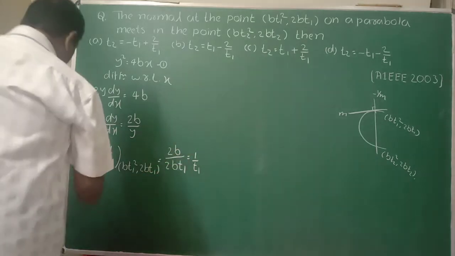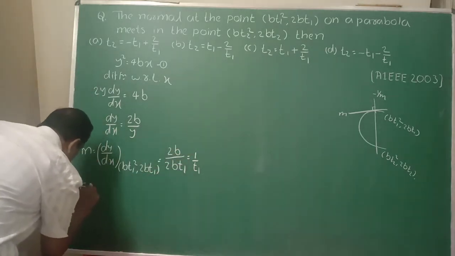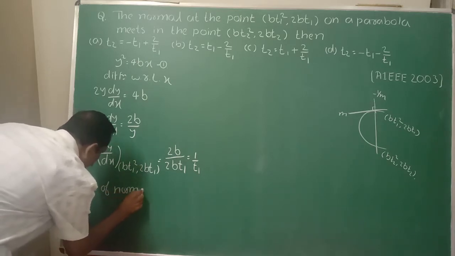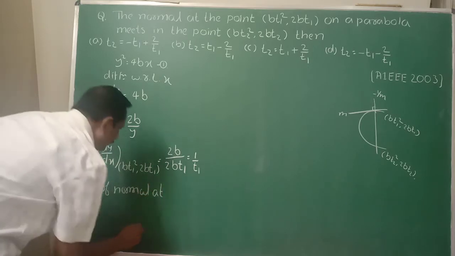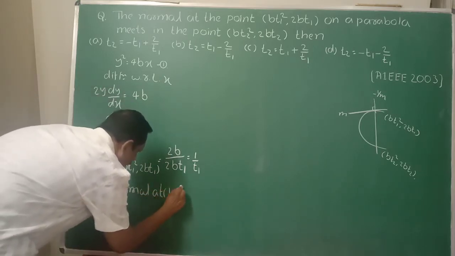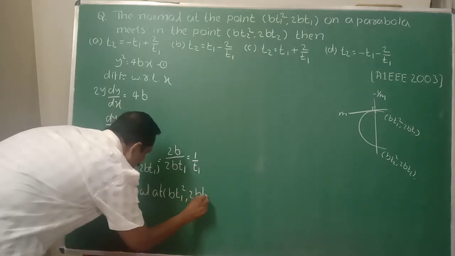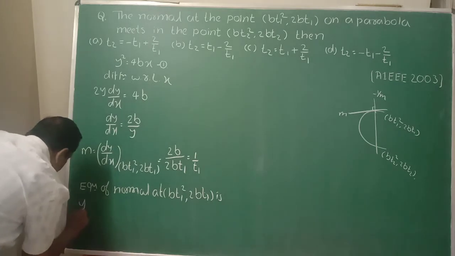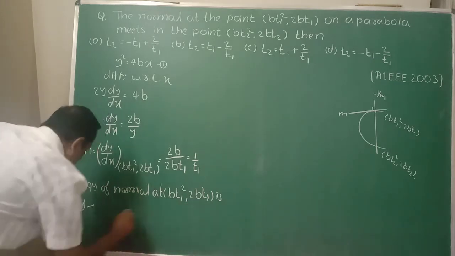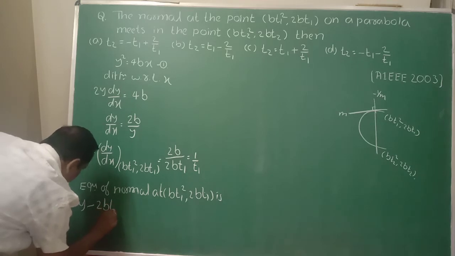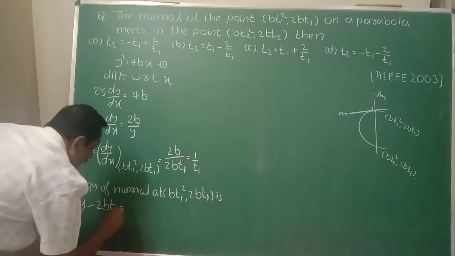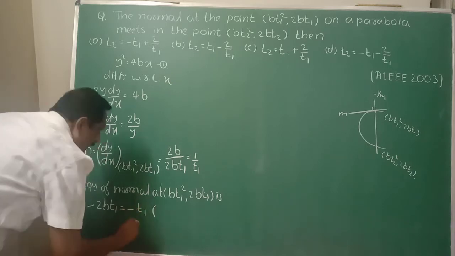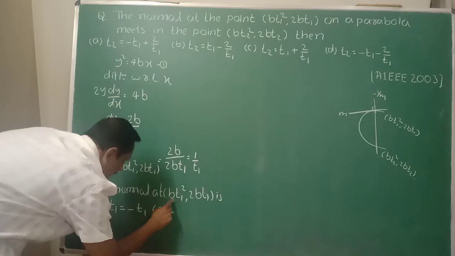The equation of the normal at bt1 square comma 2bt1 is y minus y1, which is 2bt1, equals minus t1, the negative reciprocal, into the bracket x minus x1, which is bt1 square.